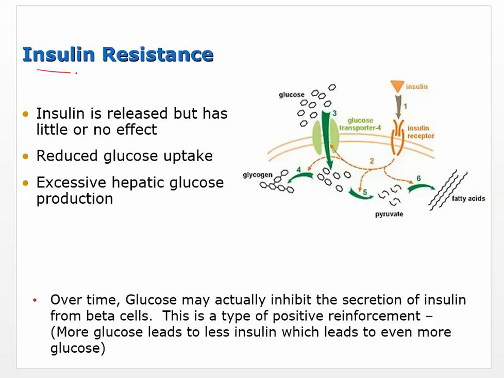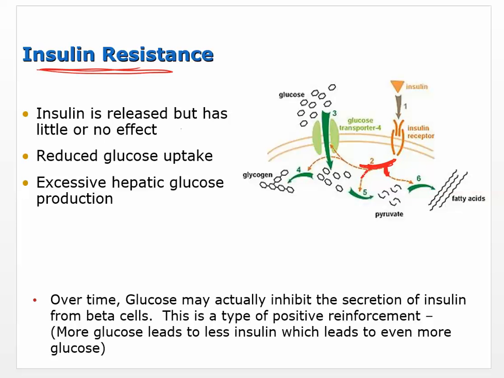Okay, so what is insulin resistance? It's not known exactly what's causing the insulin resistance. There's a lot of research on it, and it may be downregulation of the receptor, but most research has shown that that's probably not the case, that actually the receptor's there, insulin binds to the receptor, but something is getting messed up in here.